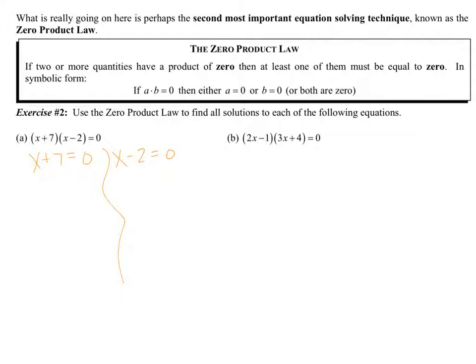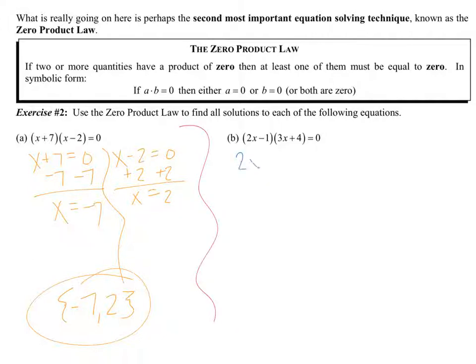Go ahead and pause here if you'd like to see if you can figure these out on your own. So x is -7, and x is 2. So my solution set is -7, +2.